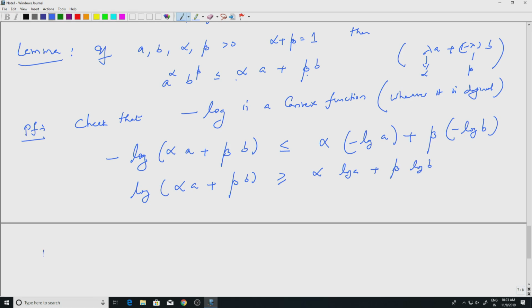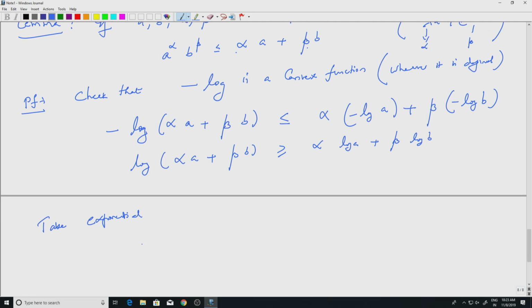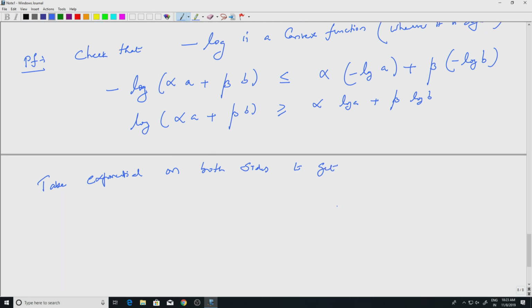So take exponential on both sides. Well, what do you get if you take exponential on both sides?